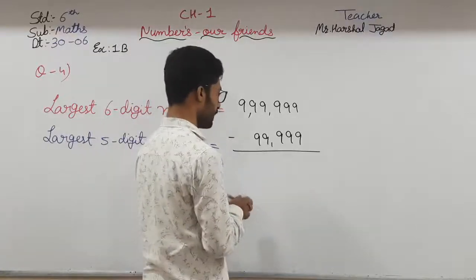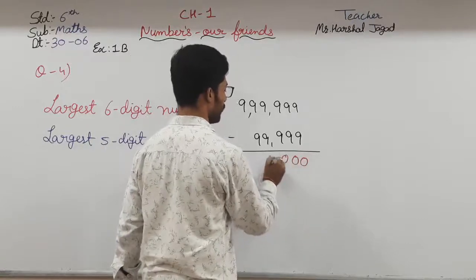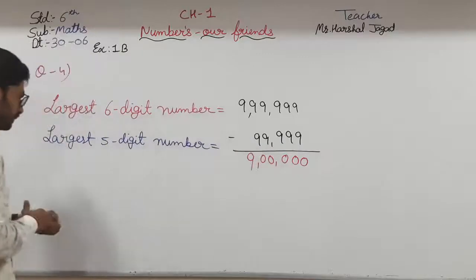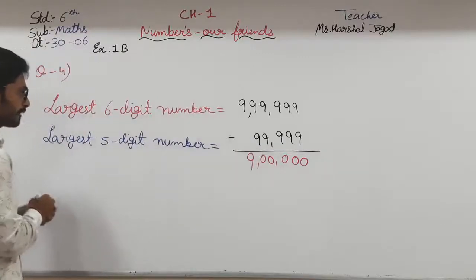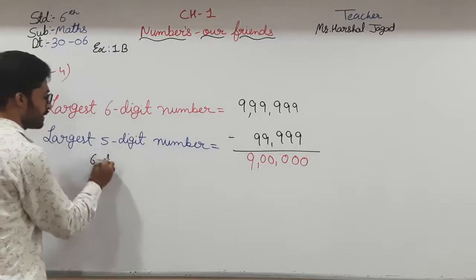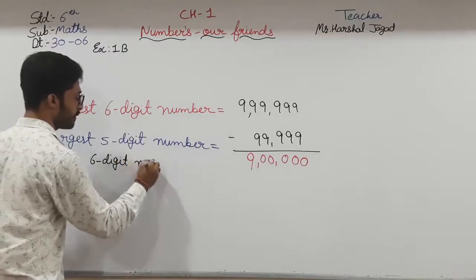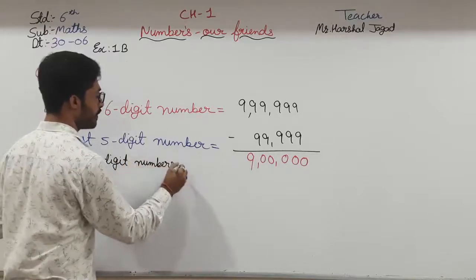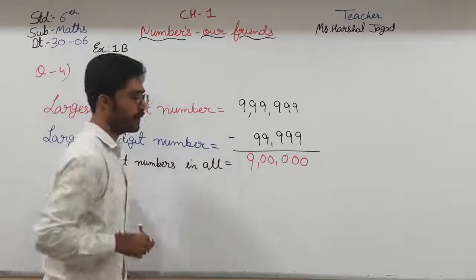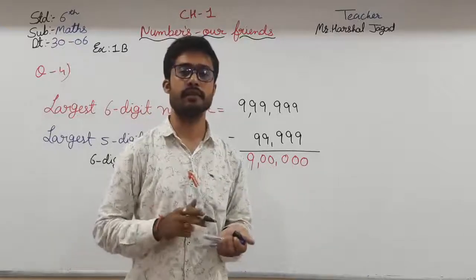So here it is 0, 0, 0, 0, 0 and 9. So here we can write 6-digit numbers in all. Okay, so there are 9 lakh 6-digit numbers in all.